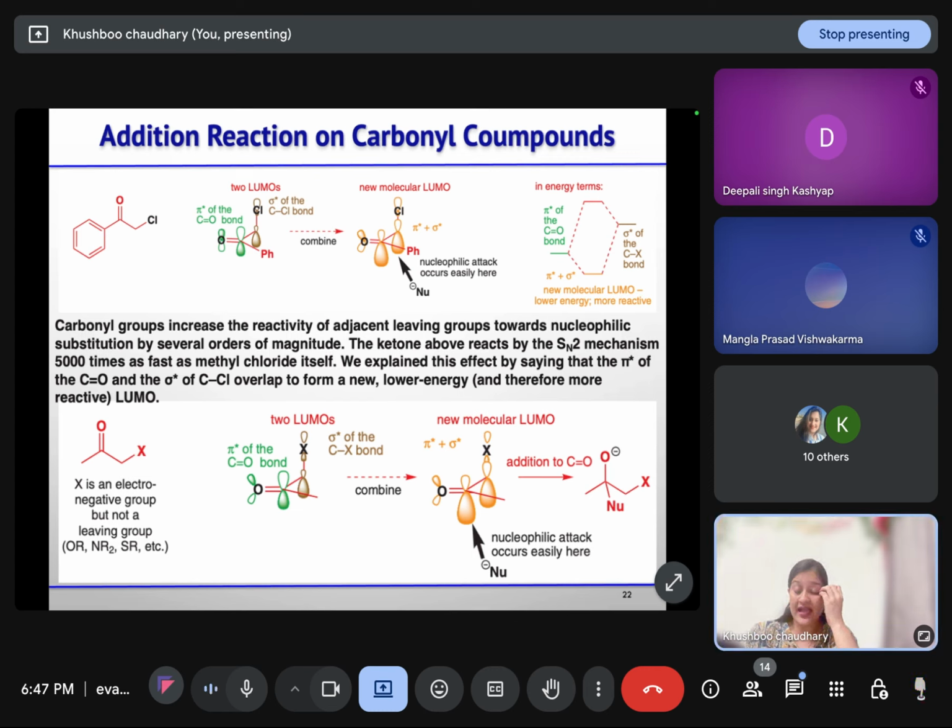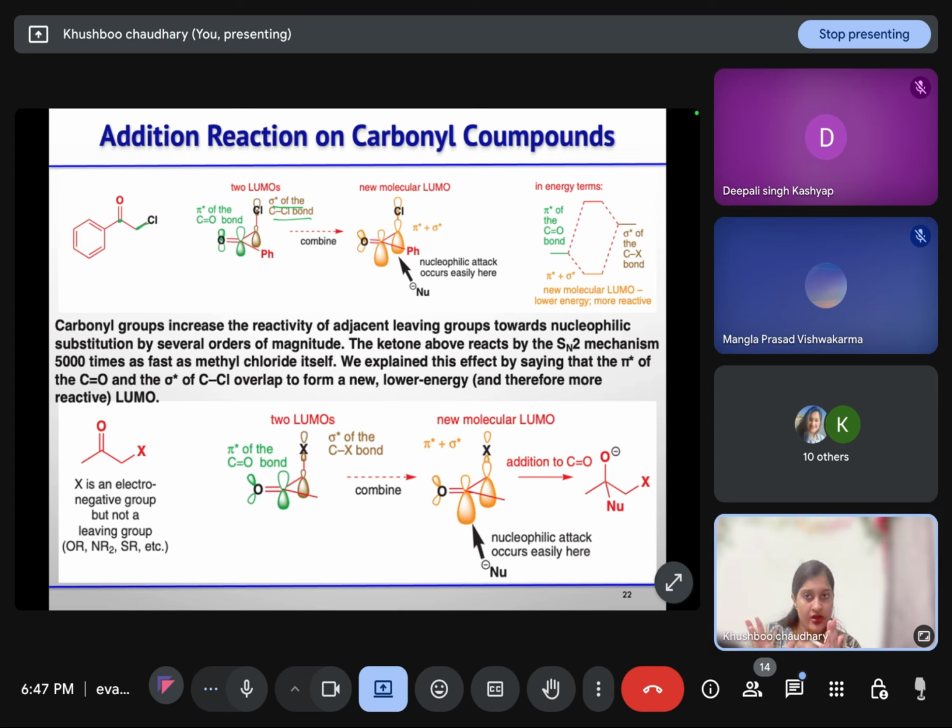Now, whenever you have an electron-withdrawing leaving group next to the carbonyl center that is perpendicular to it, like in the case of this benzoyl chloride, the pi star of the carbonyl, or carbon-oxygen bond, and the sigma star of this C-Cl bond are parallel to each other, and they can overlap.